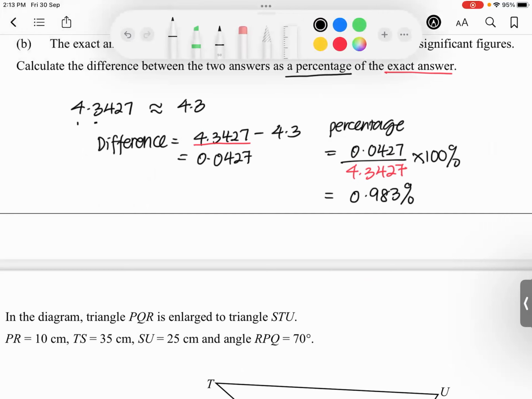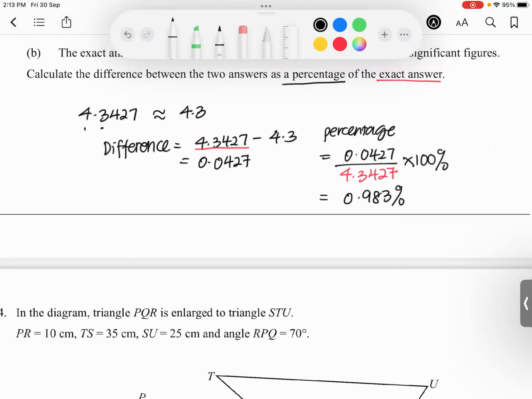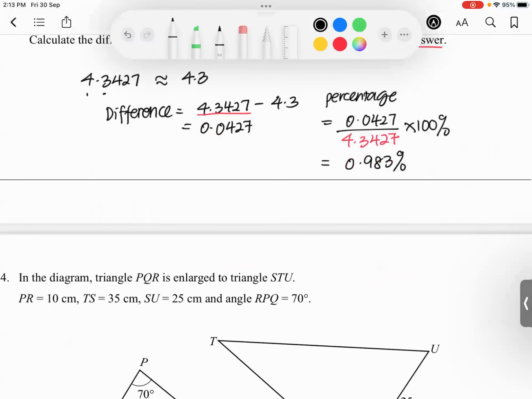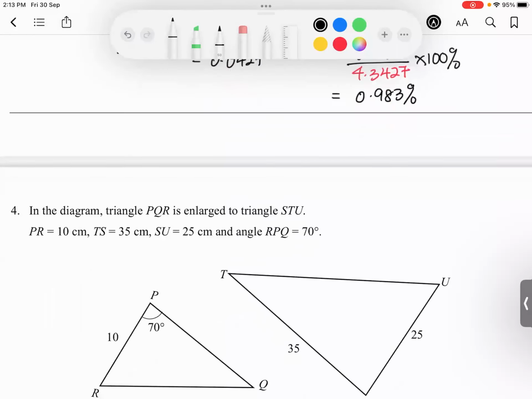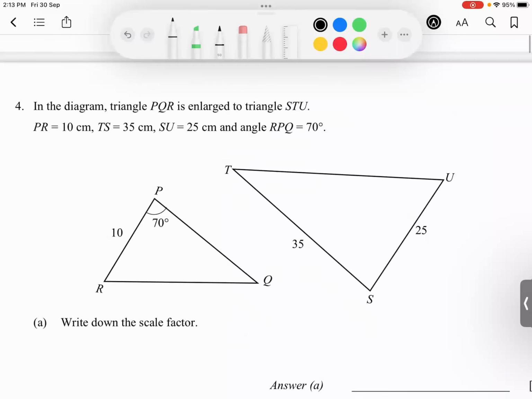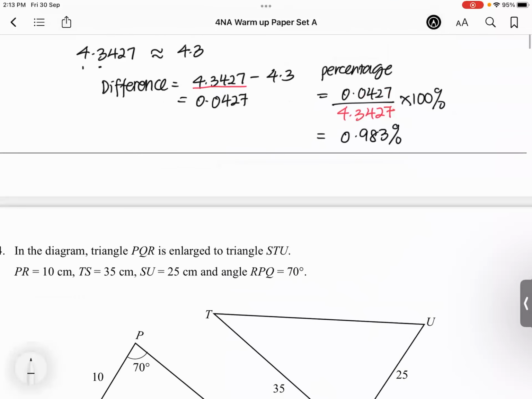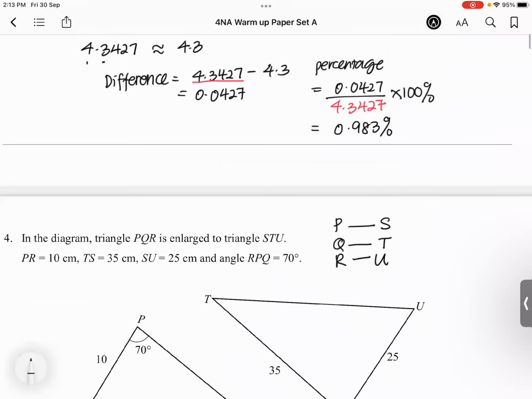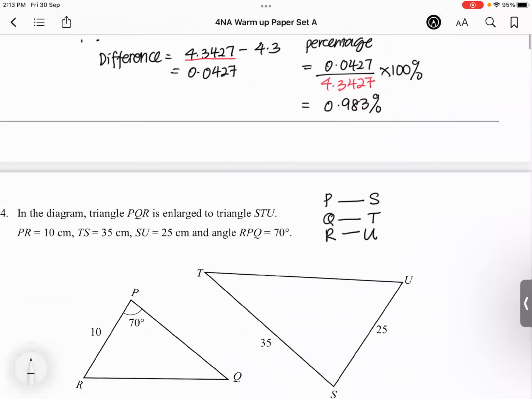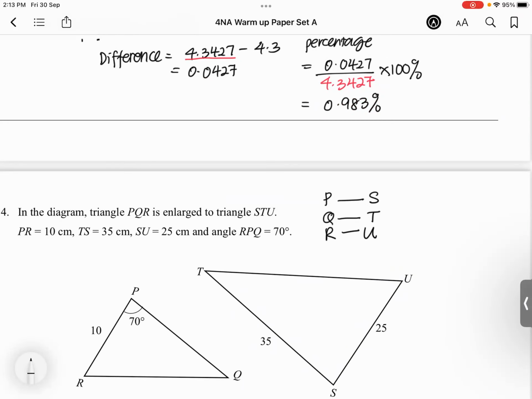Okay. Next question. Now, inside this diagram, PQR is enlarged to STU. PQR, we match with S, T and U. All right. So whenever we have an enlargement or reduction or similar figures, please take note and match up the different points. Okay, and match up the different points.